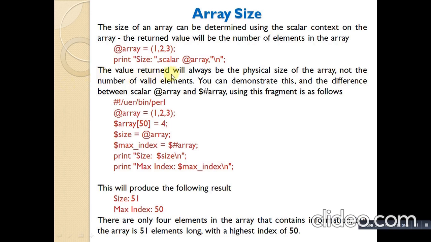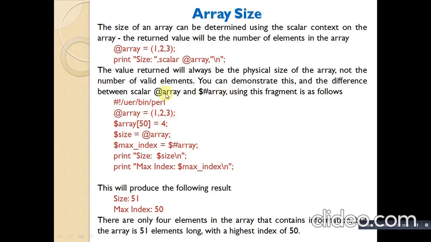The value returned will always be the physical size of the array, not the number of valid elements. You can demonstrate this, and the difference between scalar(@array) and $#array, by using this program.